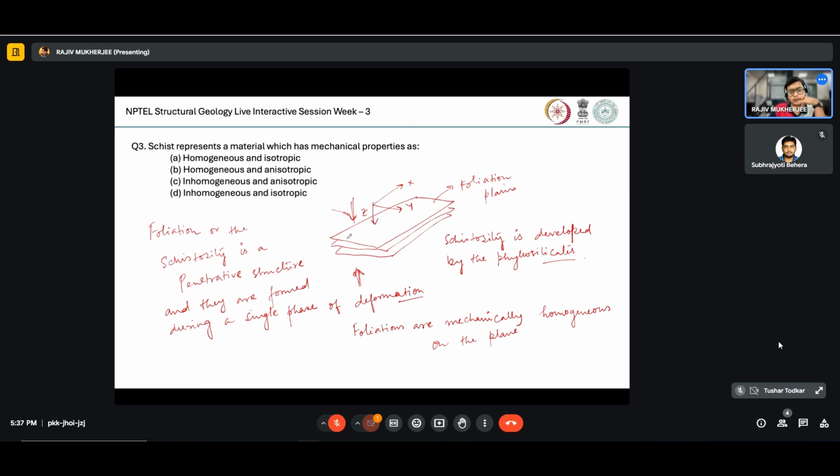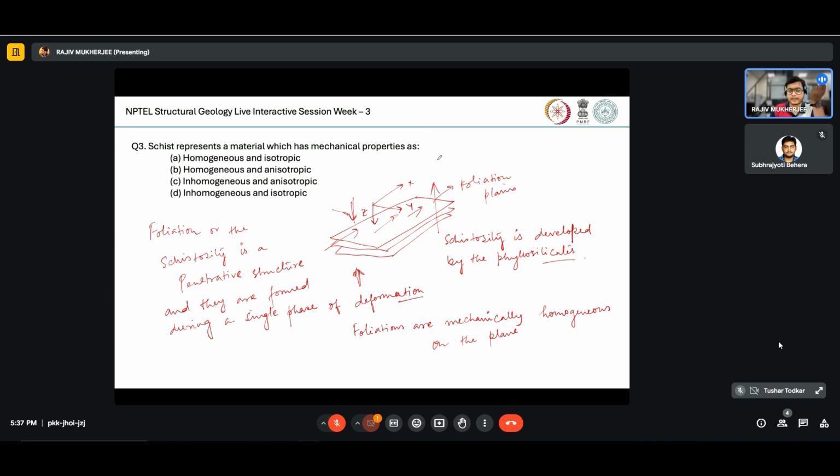However, if we are observing layer parallel mechanical strength, it will obviously be homogeneous. But if we observe layer perpendicular mechanical strength, that would be different, because these layers occur in alternate compositions.